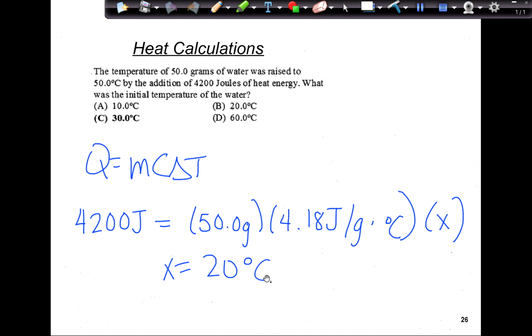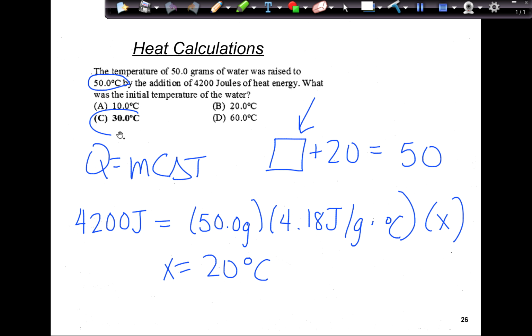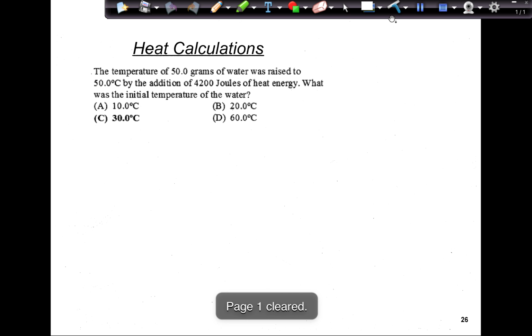My X comes out to 20 degrees Celsius, which means that if it went from somewhere plus 20 to get to 50, my initial temperature was 30 degrees Celsius.